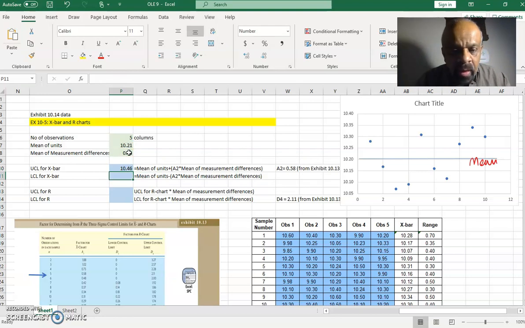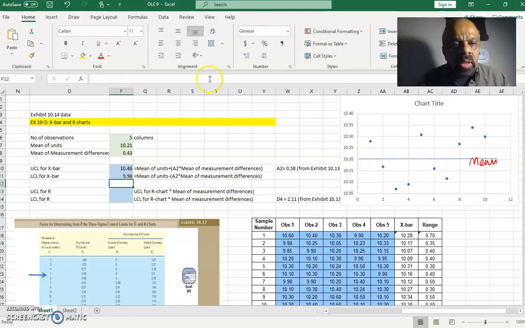The LCL is going to be equal to the mean of the units minus A2, which is 0.58, times 0.43, and that is 9.96.